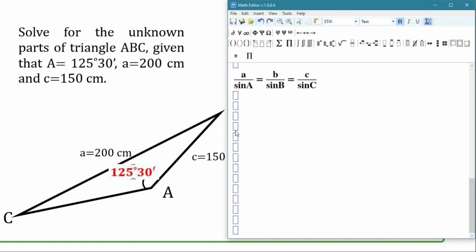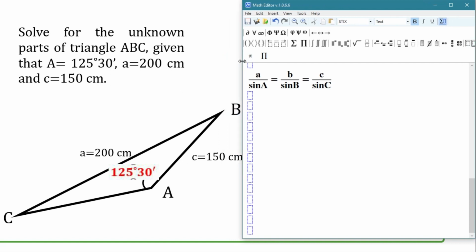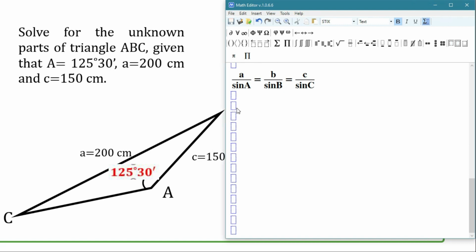We cannot immediately get the measure of angles B and C because only one angle is given. What we will do first is get the measure of one of the two unknown angles, either B or C. Since c and a are given, we will get angle C.